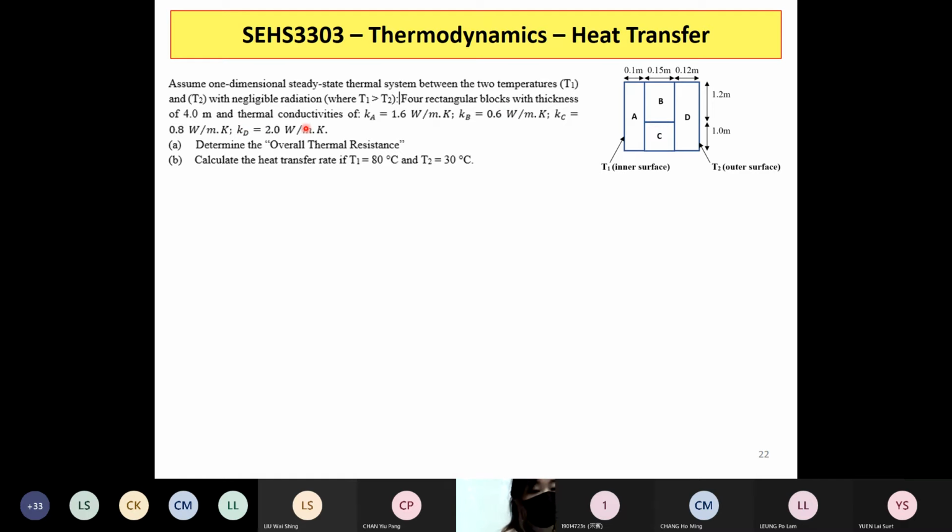And we know the thermal conductivities of these 4 different materials. So we'd like to determine the overall thermal resistance, and then calculate the heat transfer rate, if T1 equals 80 degrees C and T2 equals 30 degrees C.